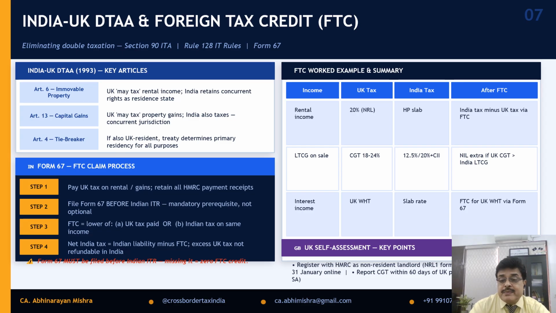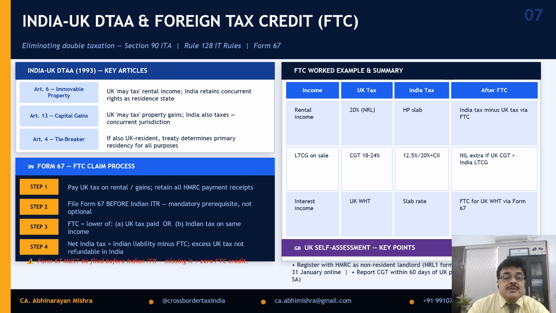It is a mandatory prerequisite, not optional. So the credit is the lower of UK tax paid or INR tax on the same income. Miss Form 67 and you lose the credit entirely. So genuine double taxation can be completely avoided.